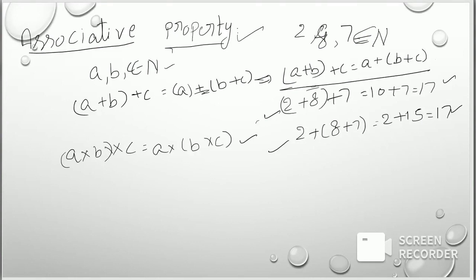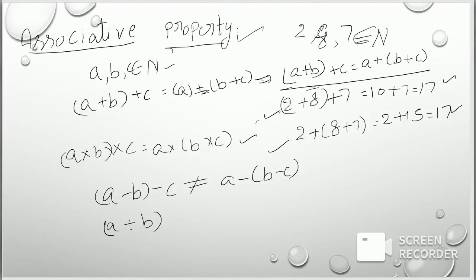If you want, you can check by taking any three natural numbers. But (A − B) − C is not equal to A − (B − C). In the same way, (A ÷ B) ÷ C is not equal to A ÷ (B ÷ C).